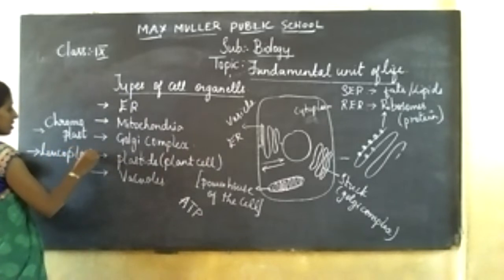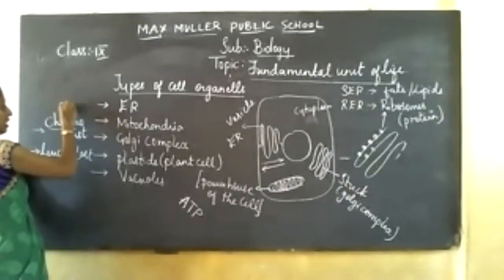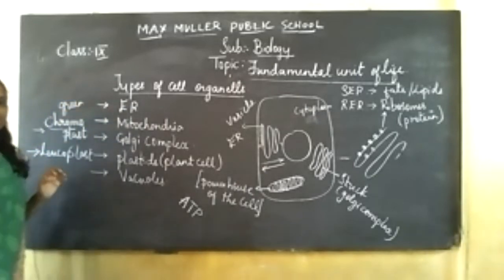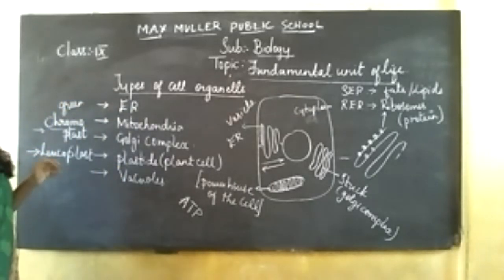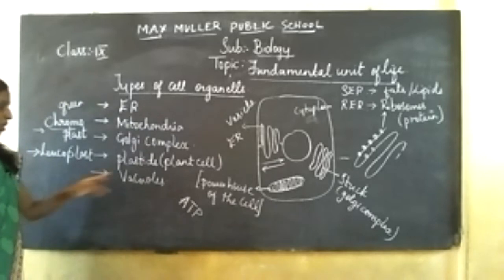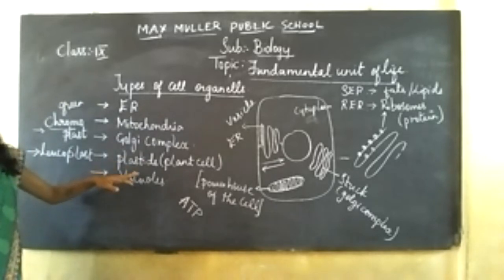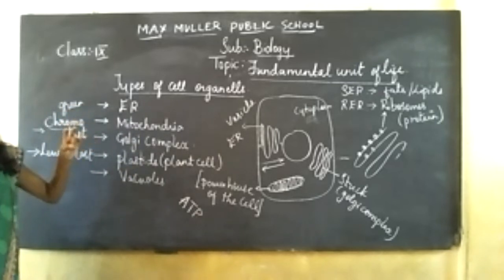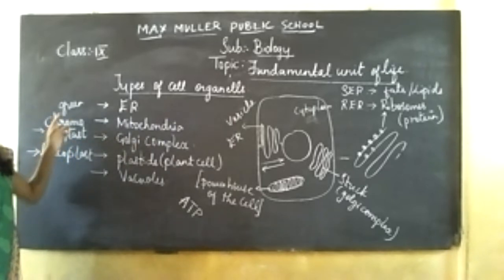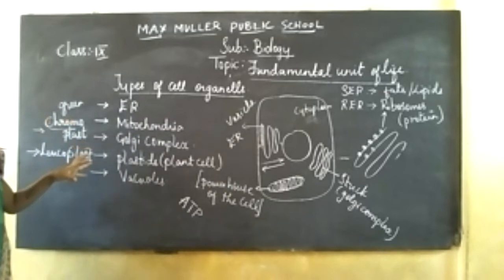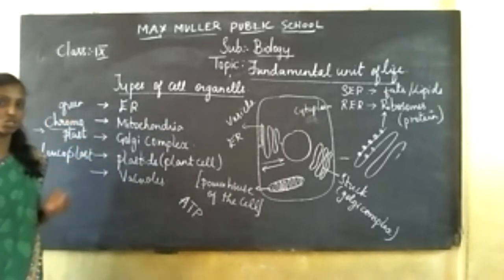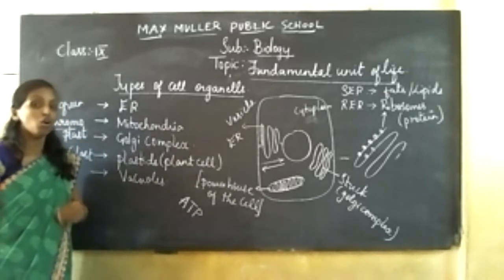Chromoplast, as you know, is green in color, which helps in photosynthesis for the plants, but leucoplast is completely colorless. Only plant cells prepare their own food, so they have chromoplasts. There are green, yellow, orange colors, but the most prominent is green. So chromoplast helps in photosynthesis, to make the plant prepare its own food.